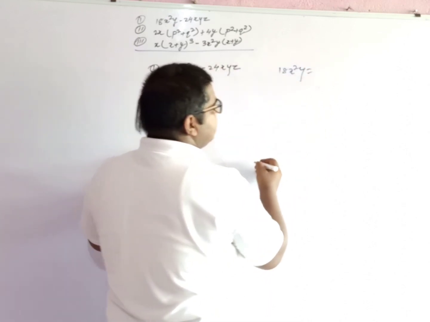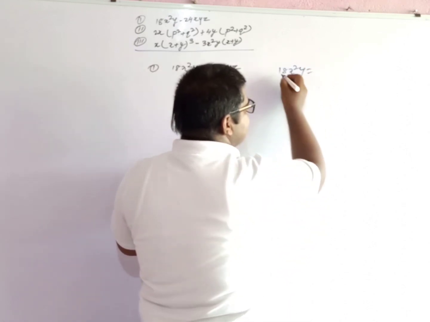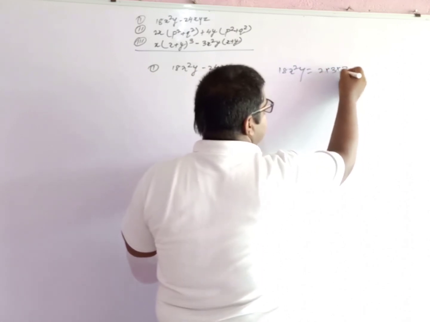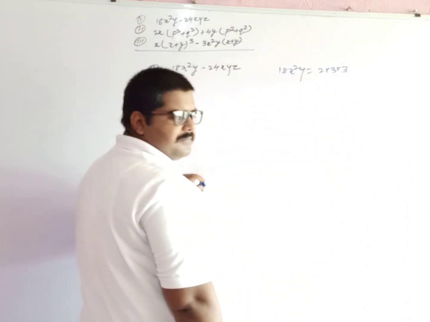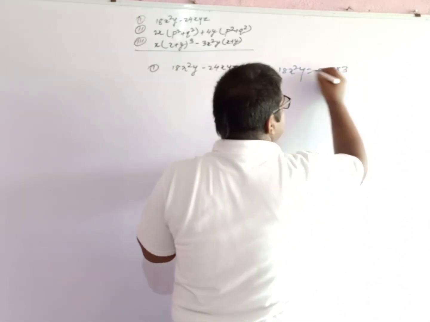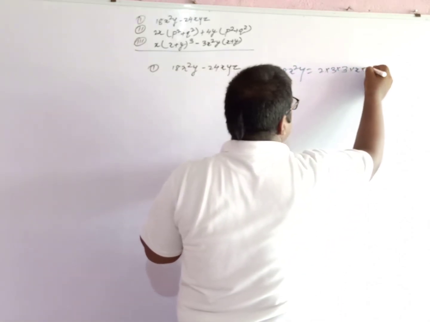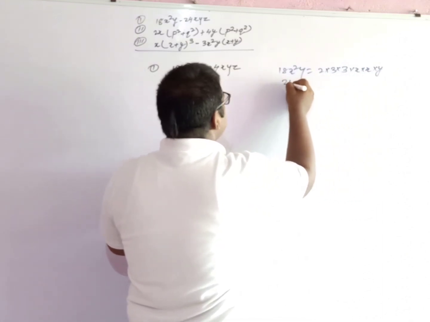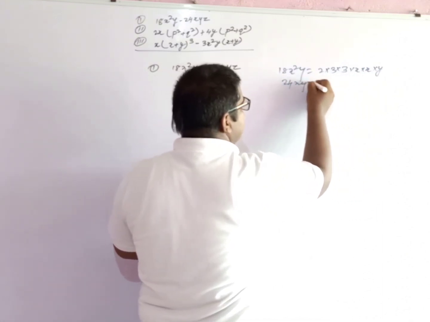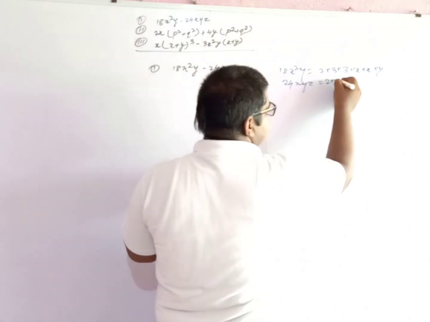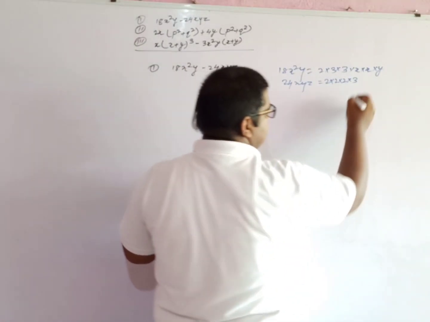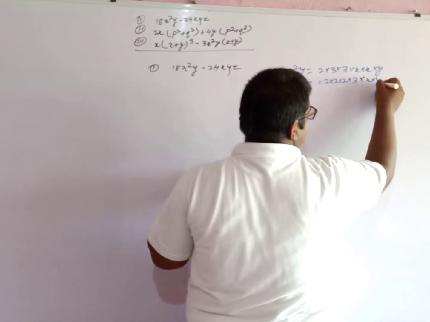The first term is 18x squared y. 18 can be factorized as 2 into 3 into 3, and x squared means x into x, and then there is y. 24xyz can be written as 2 into 2 into 2 into 3, and xyz.